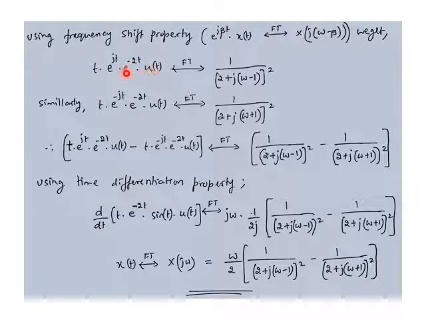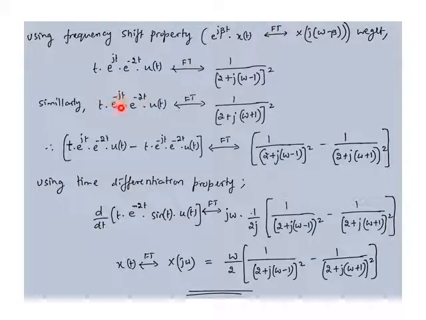So beta is equal to 1. The X of j omega, 1 by 2 plus j omega whole square, needs to be changed to X of j of omega minus beta. Beta is 1 here, so wherever there is omega, I change it to omega minus 1. So 1 by 2 plus j into omega minus 1, the whole term squared. This is how I took the Fourier transform with the help of frequency shift.